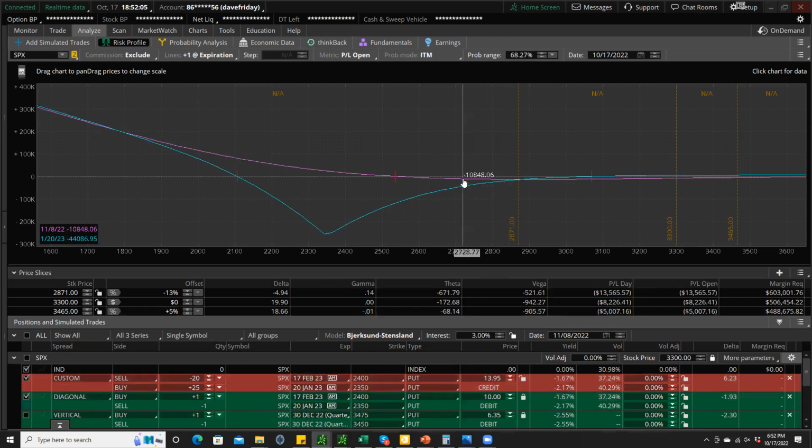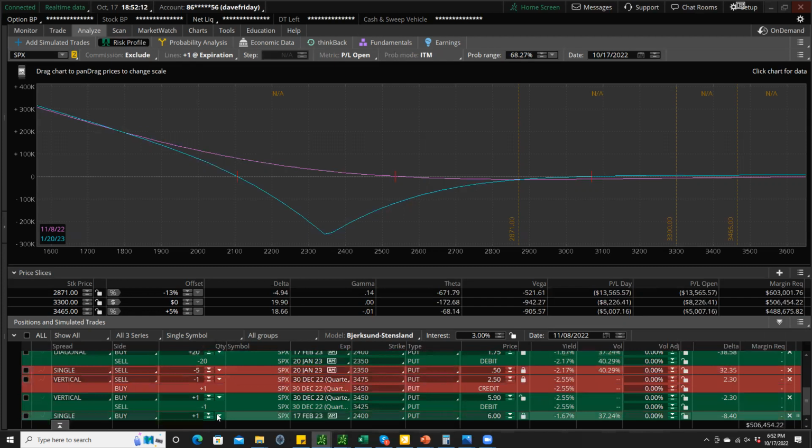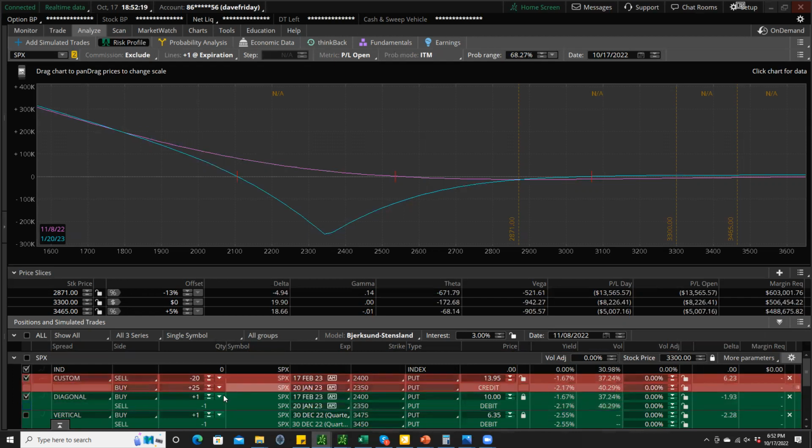I keep my magenta line flat. I don't overdo it, but I have been known to do either one of these things: buy back one of my shorts, or get out of one of the diagonals and keep that magenta line up. So that is the trade.